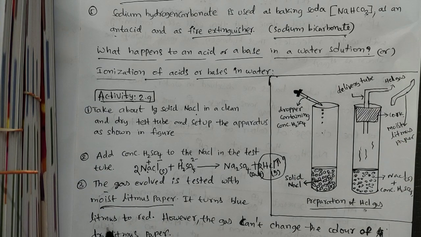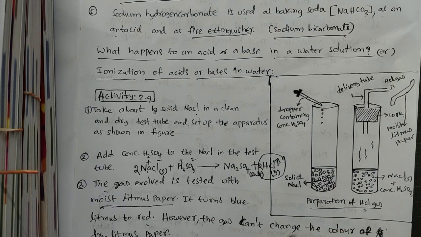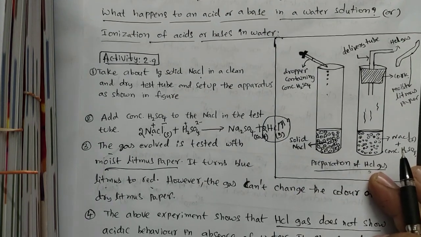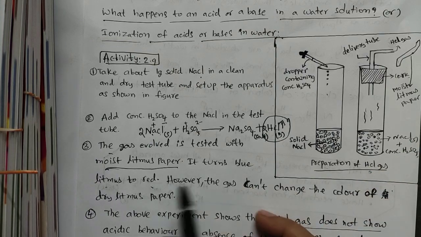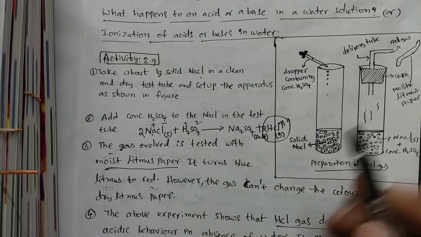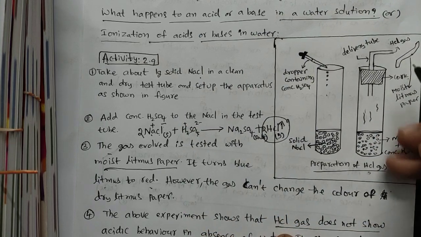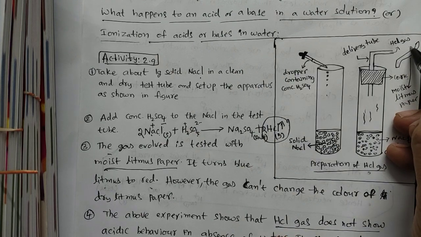It turns blue litmus to red, right? Any substance that turns blue litmus to red is called an acid. So we could say HCl is an acid.